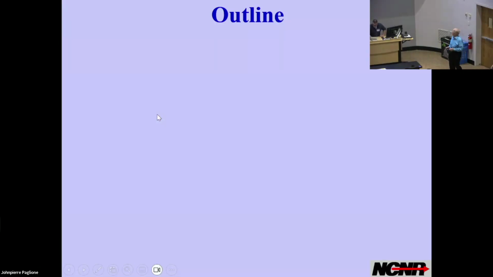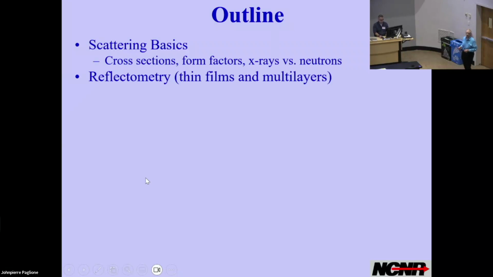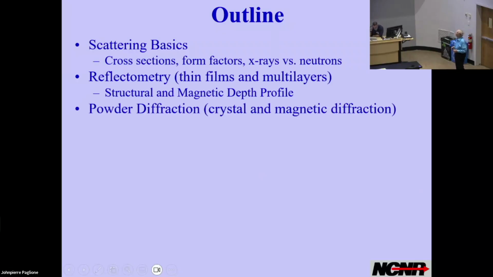Okay, so the outline here is going to be: go through the scattering basics, everything you always wanted to know about scattering in general, cross sections, form factors, X-rays versus neutrons. Then I'm going to talk about reflectometry, which is for thin films and multilayers, particularly the structural and magnetic depth profiles that you get out of that technique.